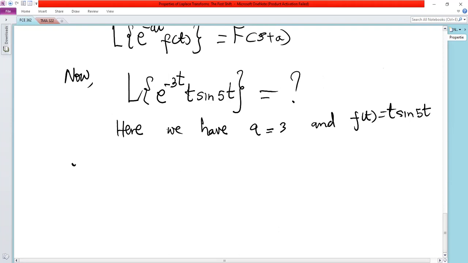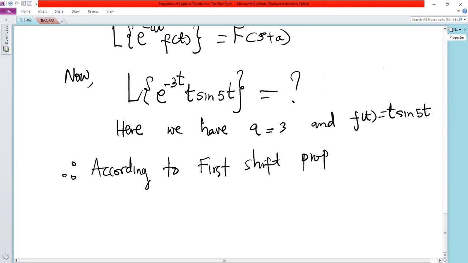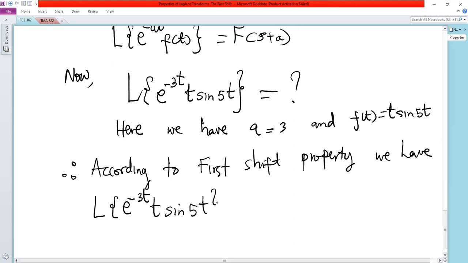So therefore, according to the first shift property, we have the Laplace transform of e raised to the power minus 3t times t sine of 5t will be capital F of s plus a, which is 3.